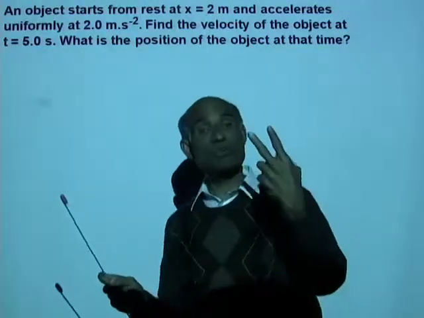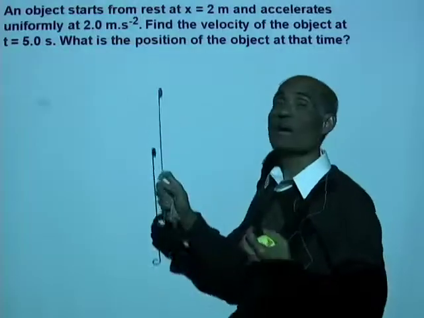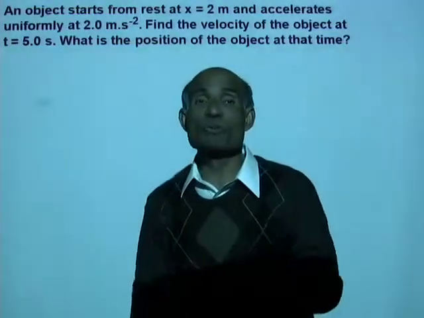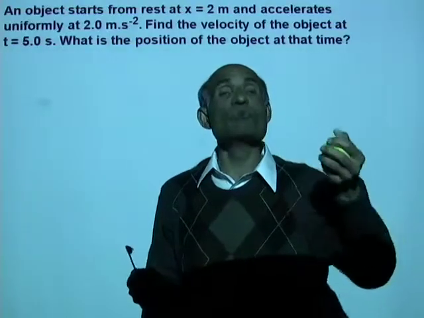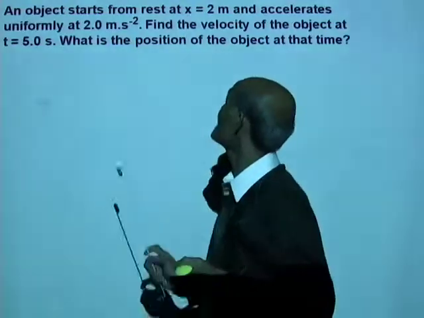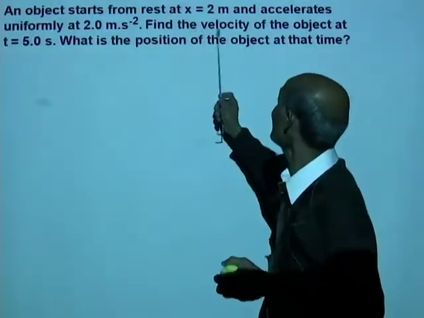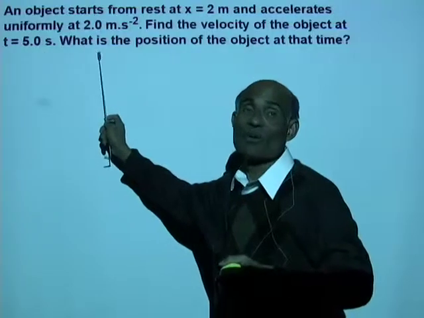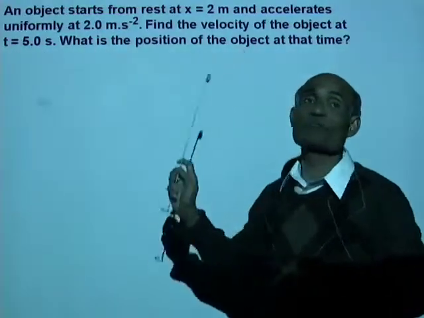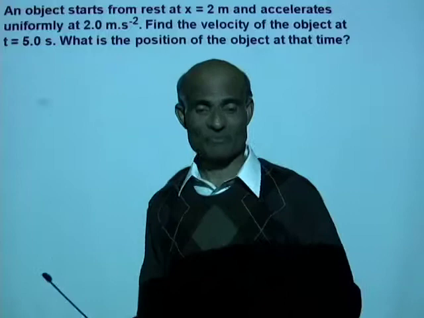So you have two pieces of information in this problem. At t equal to 0, the velocity is 0, and at t equal to 0, the position is 2 meters. Then find the velocity of the object at t equal to 5 seconds. What is the position of the object at that time?